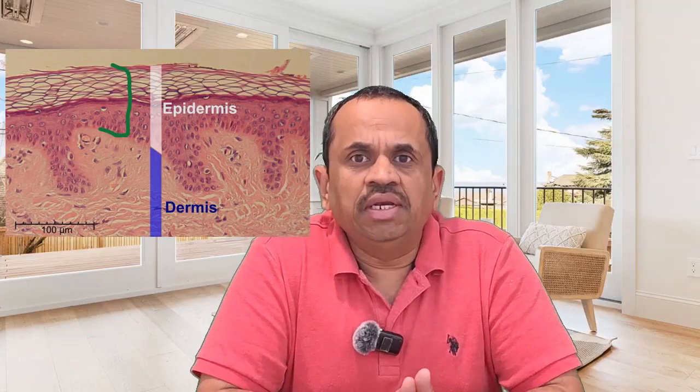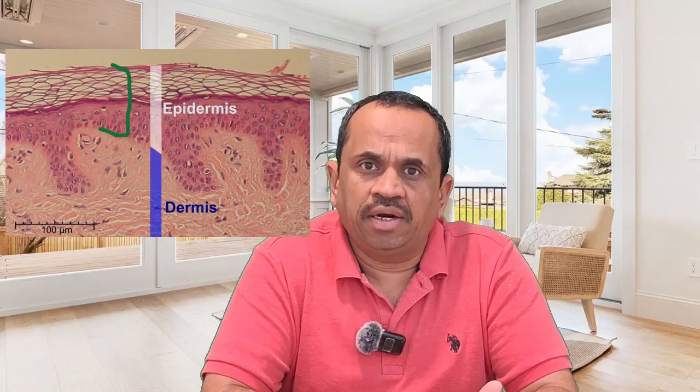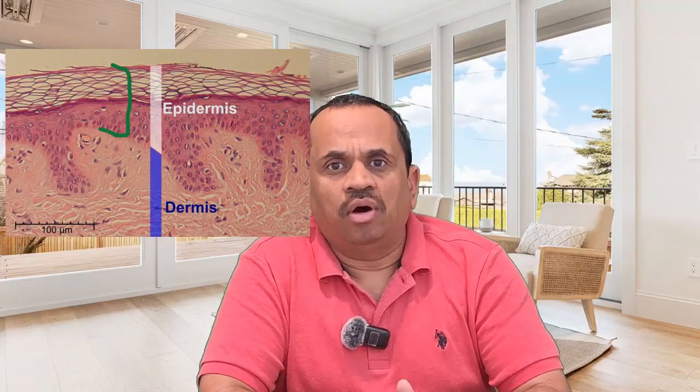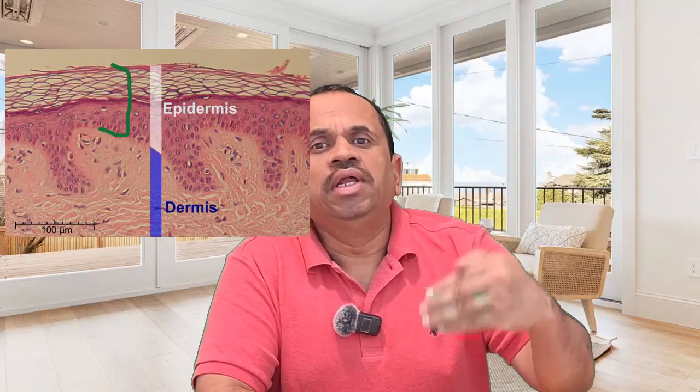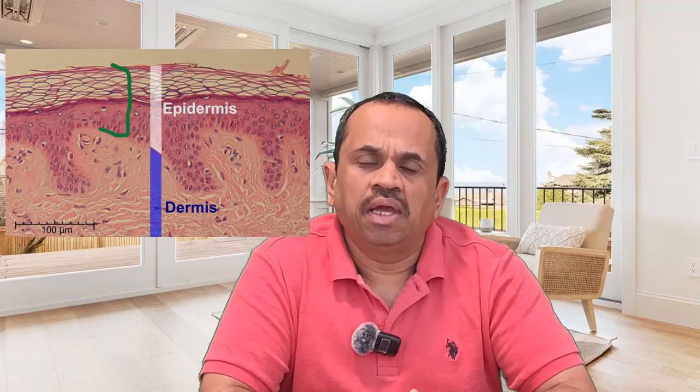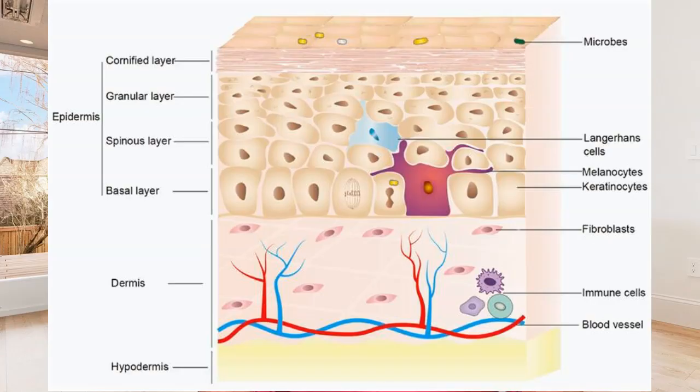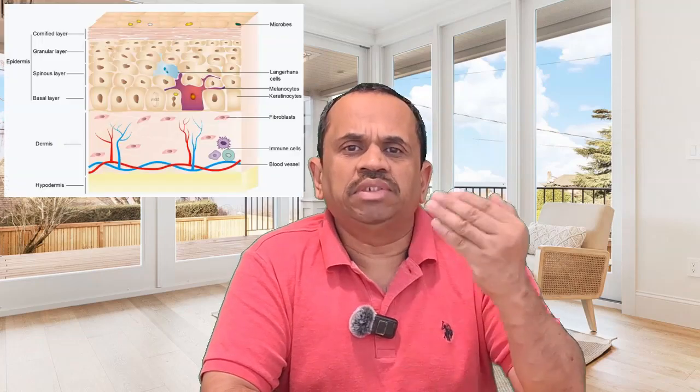So our skin is divided into two distinct layers. The upper layer, which is near the exterior, is called the epidermis. Epi means above and dermis means the layer below. So dermis lies below and epidermis lies above.